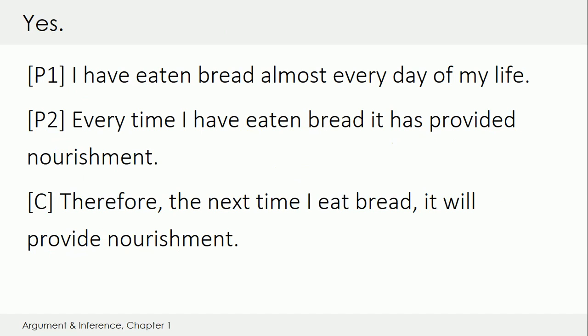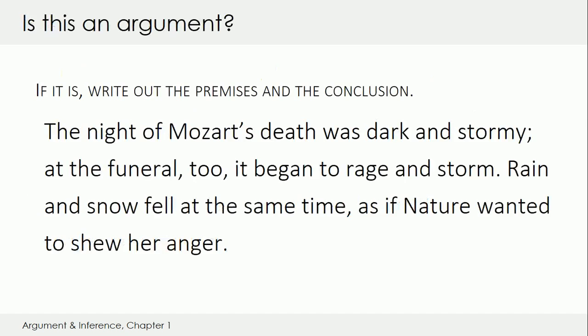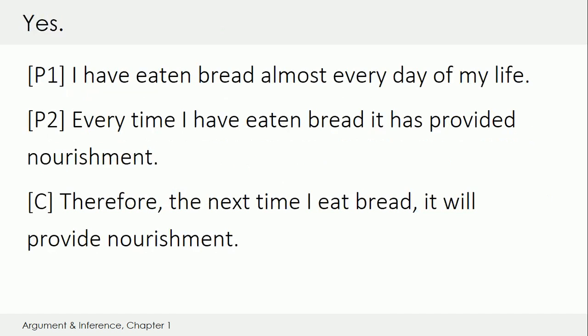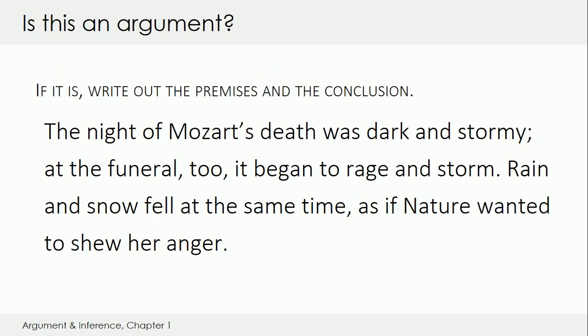Those are important. So yeah, it is an argument. So you have "so," which is an indicator word, therefore. Premise 1, I've eaten bread almost every day of my life. Premise 2, every time I've eaten bread has provided nourishment. Conclusion, therefore, the next time I eat bread, it will provide nourishment.